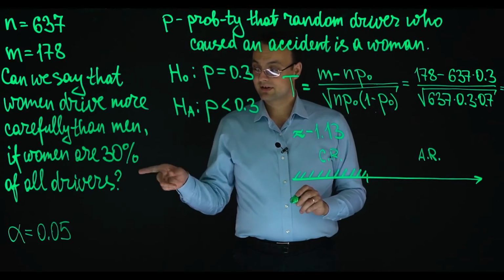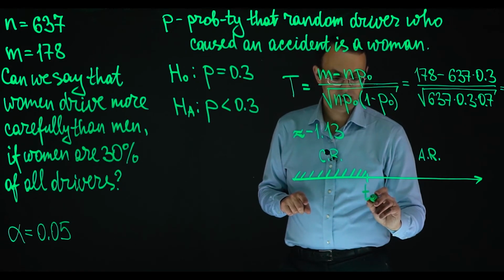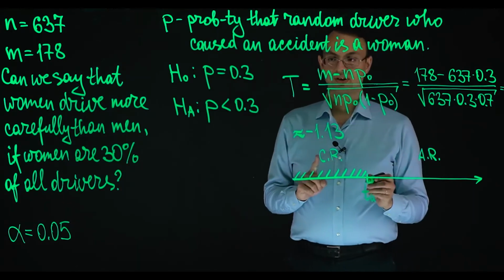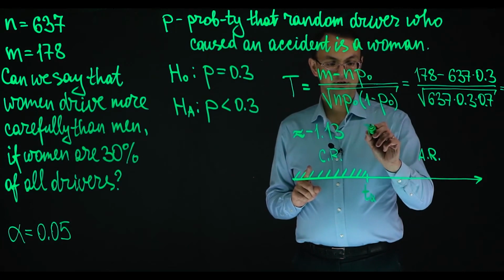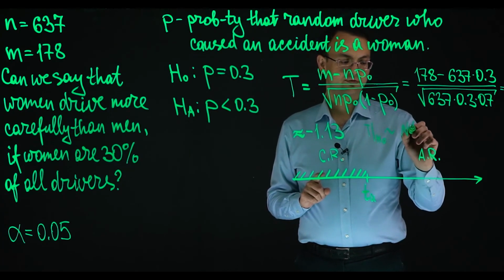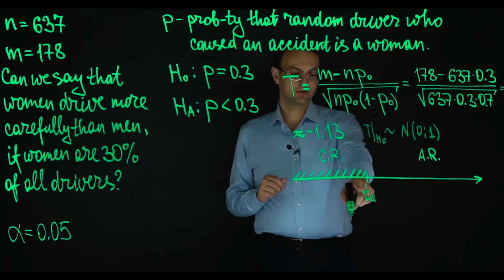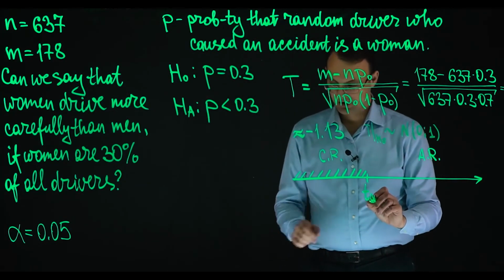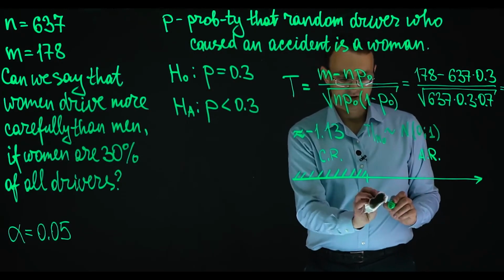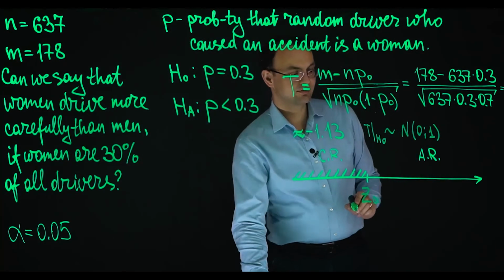If you have no ideas why alpha should be less or more than 0.05, then you take alpha equal to this value. Then here we have the quantile of the level alpha of the standard normal distribution, as we say that under the null hypothesis, our test statistic follows the standard normal distribution. The quantile, it's better to use the letter z as our standard notation for the quantiles of the standard normal distribution.